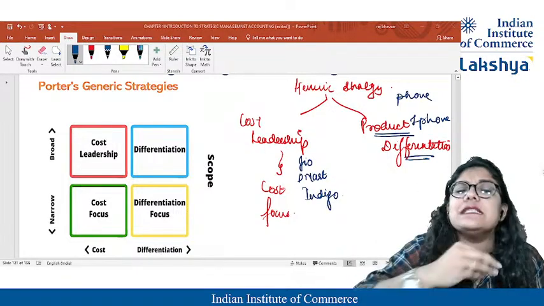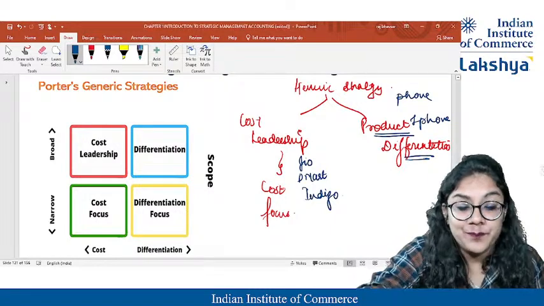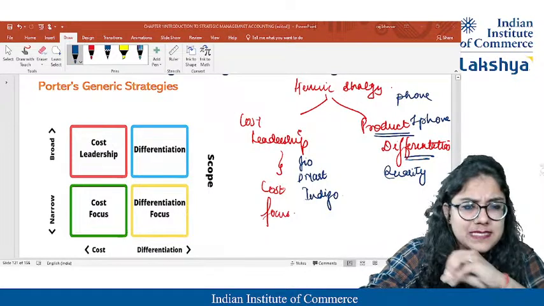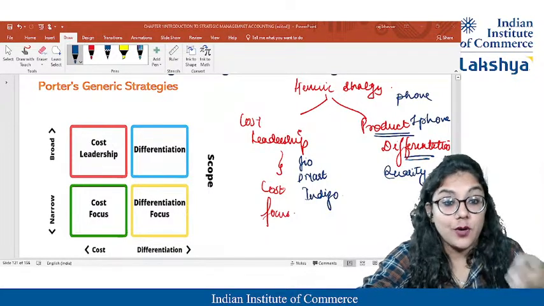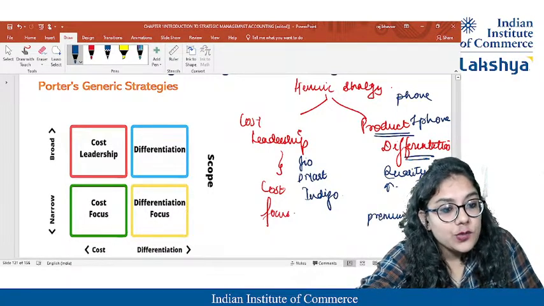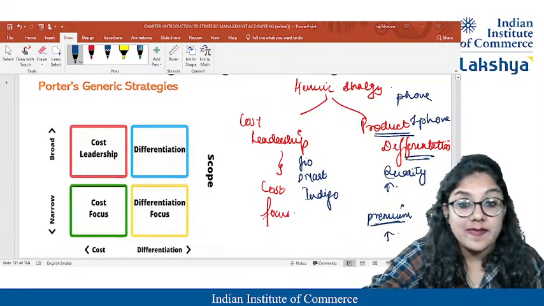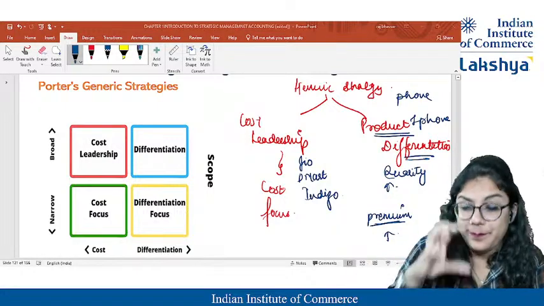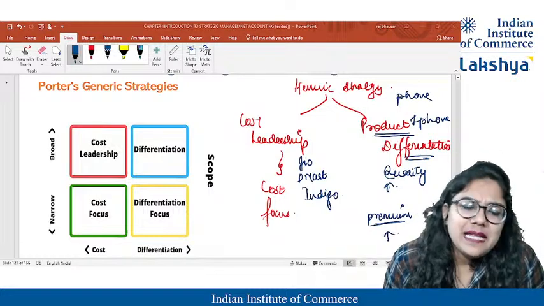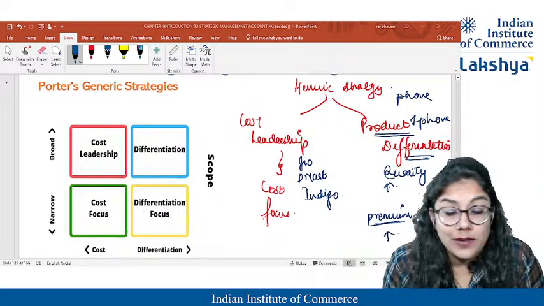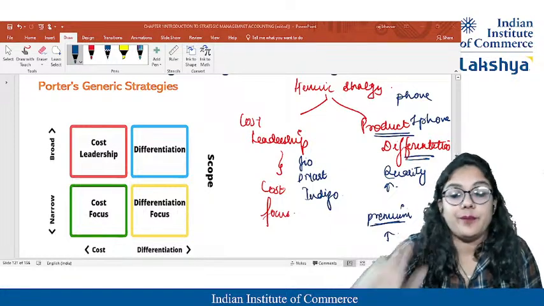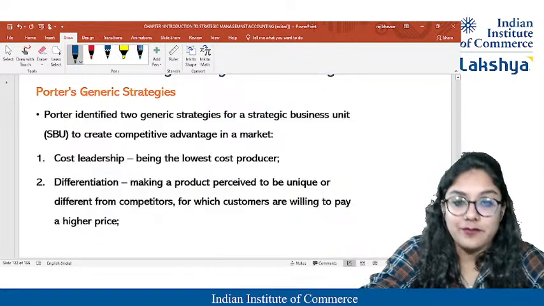So make your product so different, in the quality of the product, that no other phone can match it. Maybe the quality is more, and the people who pay can also pay premium pricing. Very price sensitive customers, who are very much influenced by the price, maybe they'll not purchase, but it's okay, because what Porter thought was to have a different product, and that is known as product differentiation.